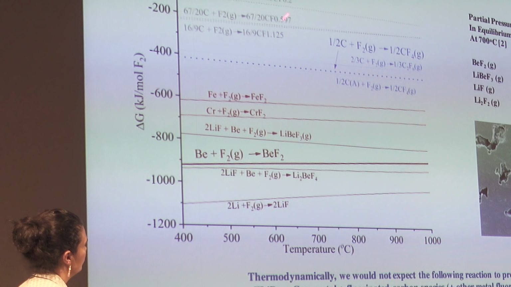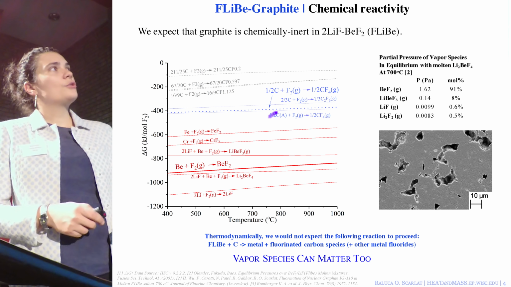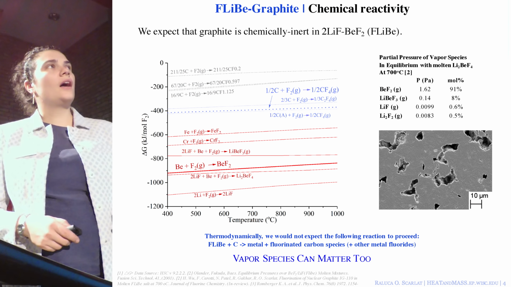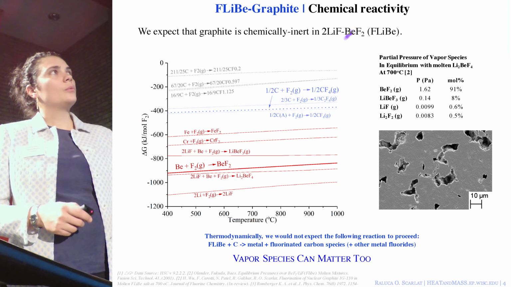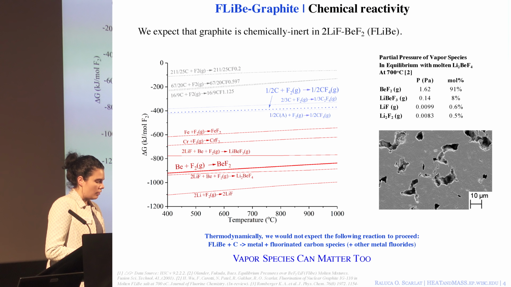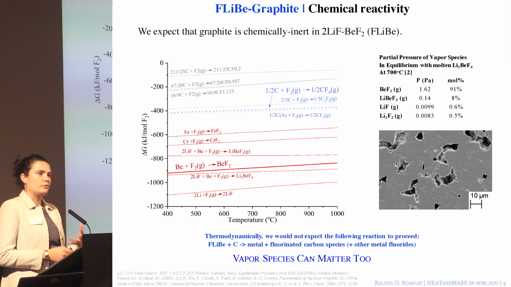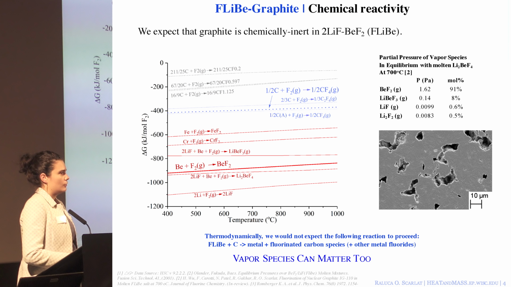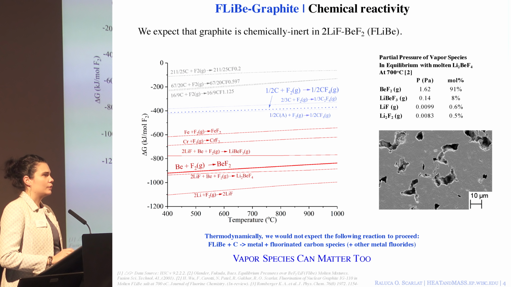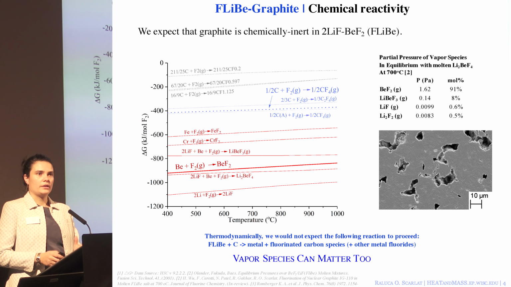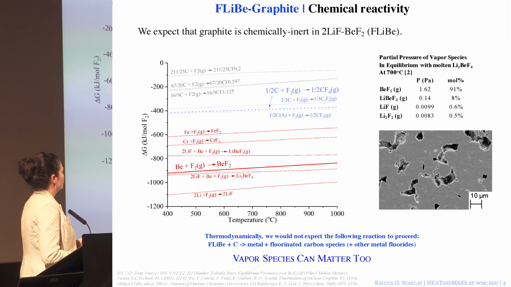From this Ellingham diagram, we surveyed all of the fluoride compounds that we thought we might have in our mixture of lithium fluoride and beryllium fluoride, and we surveyed a combination of fluorinated carbon compounds that we could find in the database, and we concluded that none of these lines cross these lines, and so there should be absolutely no chemical interaction between carbon and molten fluoride, LiF-BeF2.